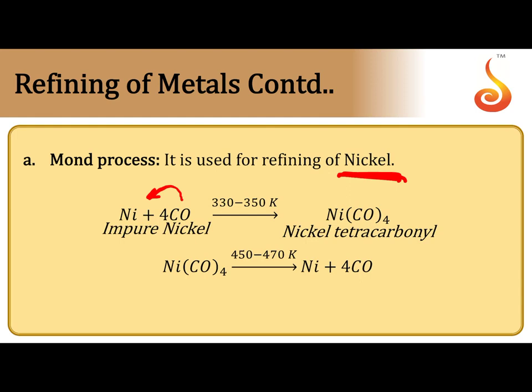So, metal carbonyl complexes are formed when carbon monoxide is passed over impure metal at around 350 Kelvin. A stable nickel tetracarbonyl complex is formed, stable because between nickel and carbon monoxide both sigma and pi bonds are formed, the synergic effect.